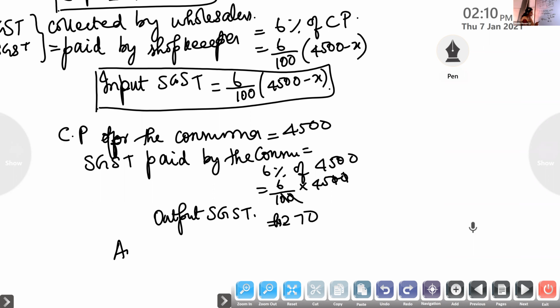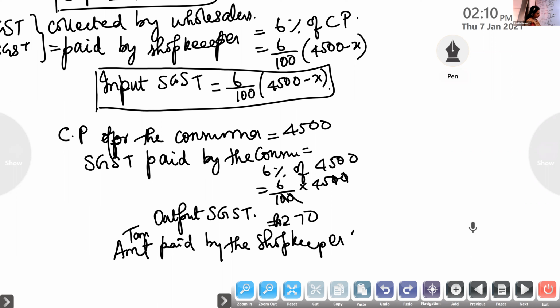Therefore, what is the amount paid by the shopkeeper to the state government? It is given as rupees 27.